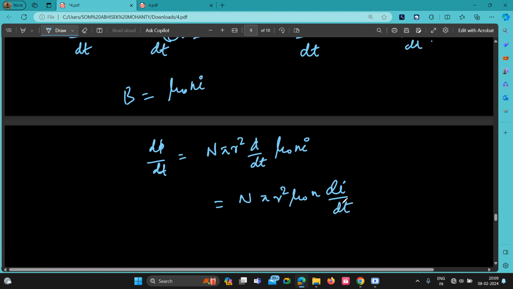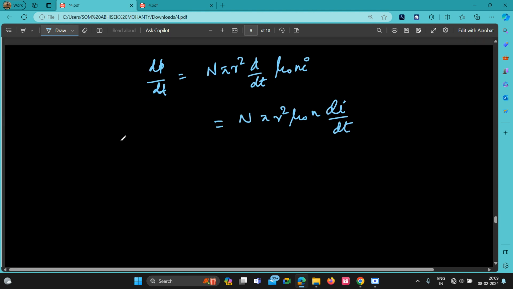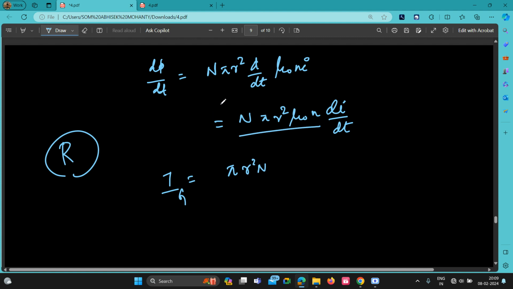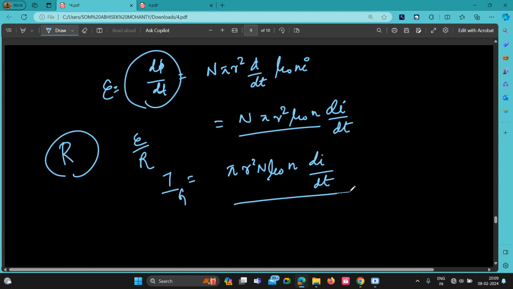Now if R is the resistance of the coil, the current through the galvanometer, say Ig, will be the EMF divided by R. So Ig is equal to N pi r square mu naught n di by dt, whole divided by R.